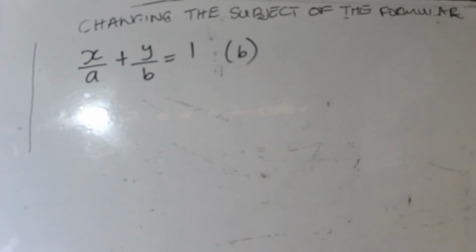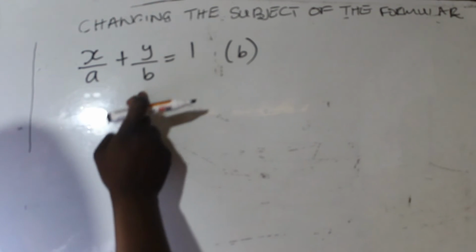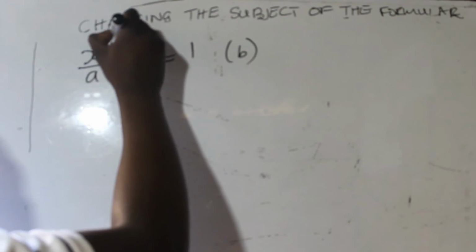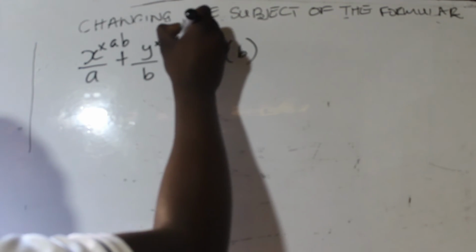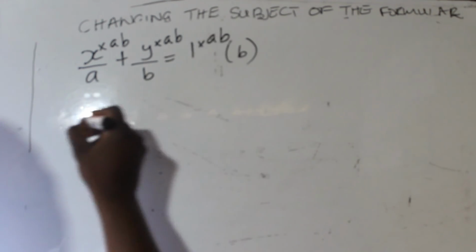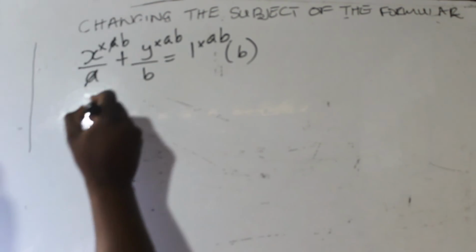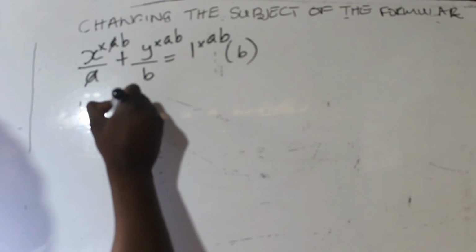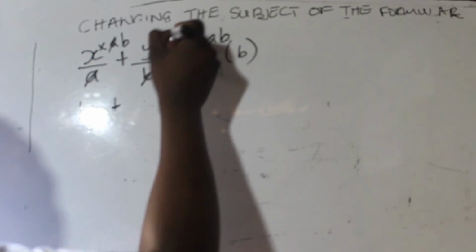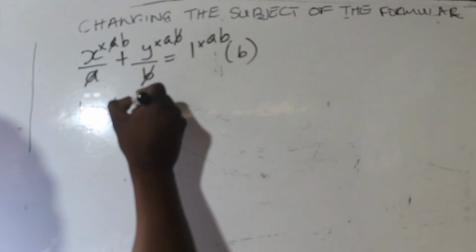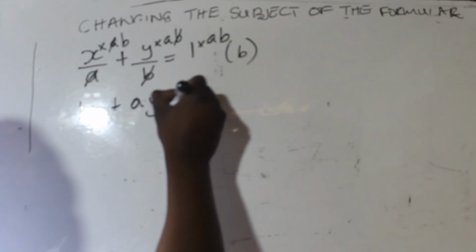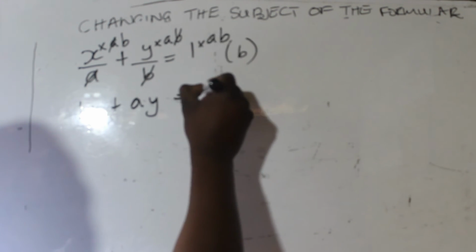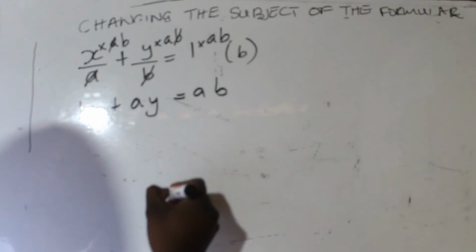To clear the fraction, we multiply everything by the common denominator, which is ab. This a and this a will cancel. Then here is bx, plus this b and b will cancel, ay, is equals to 1 times ab, which is ab.